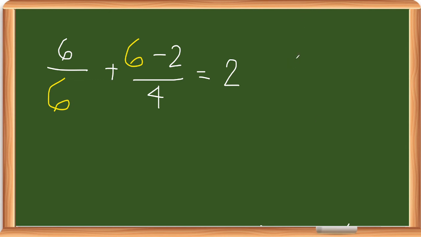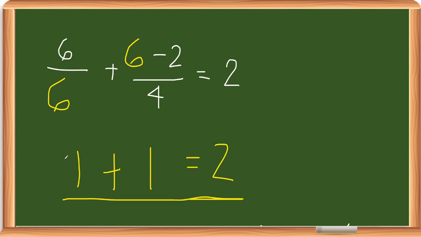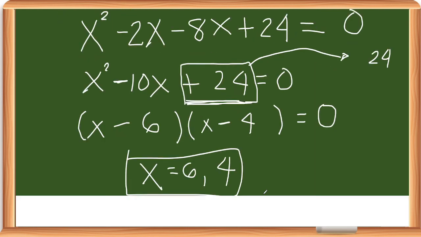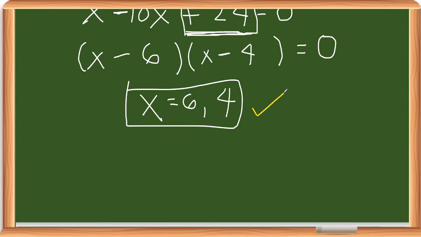Okay, tignan natin kung magiging equal siya sa 2. 6 over 6 is 1. Plus, 6 minus 2 is 4 over 4. And 4 over 4 is actually equal to 1 also. So, 1 plus 1. 1 plus 1 ba equals to 2? Siyempre, oo, no? Kung sinabi nyo hindi, ibabalik ko kayo sa grade 1. No? So, that means the solution that x is equal to 6 and 4 are correct.